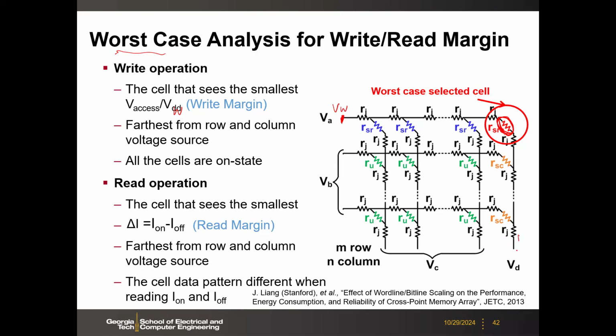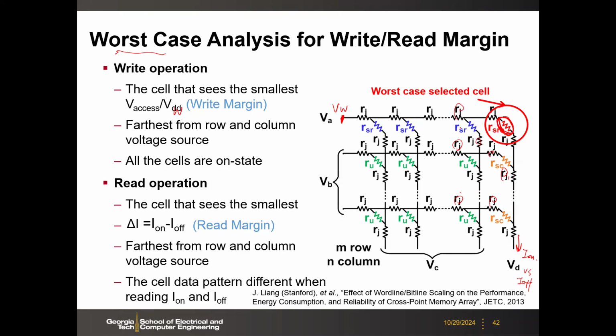So from this column, what is I on versus I off? All those currents will be distorted due to this wire junction resistance. It's kind of complicated, so that's why a SPICE netlist simulation is needed to evaluate this margin.